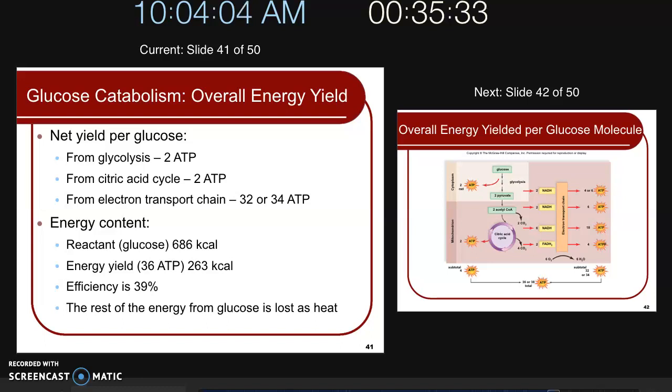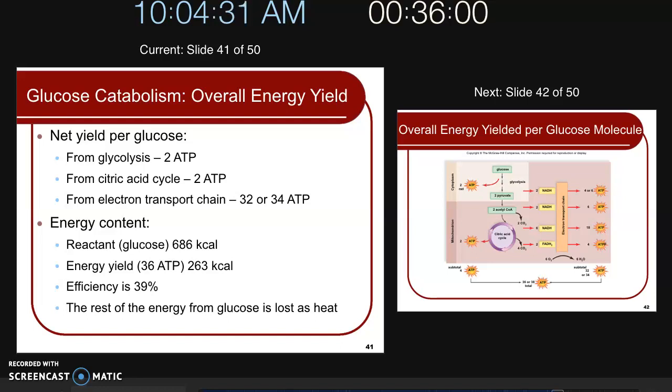The energy yield of 36 ATPs is only 263 kcals. Alright, so now where did we lose here? This means that glucose is only 39% efficient. The rest of the energy from glucose is lost as heat.